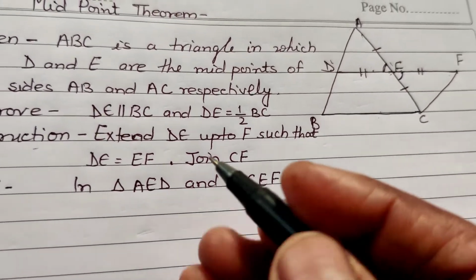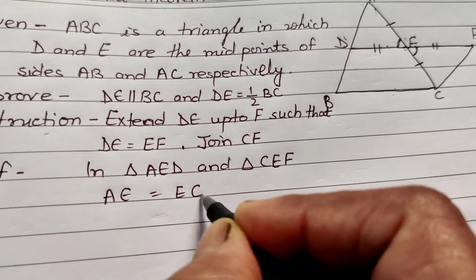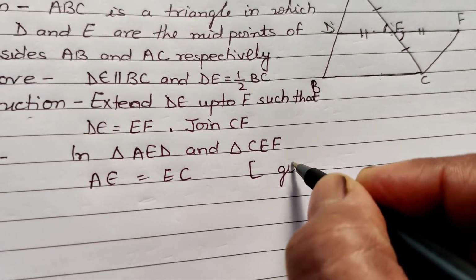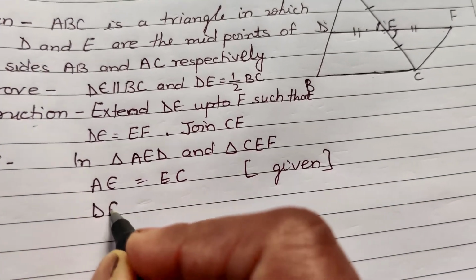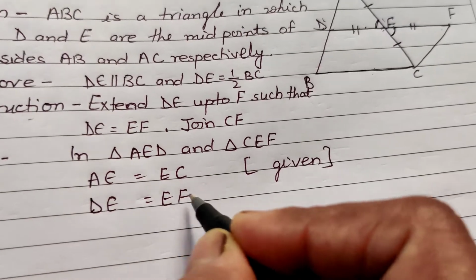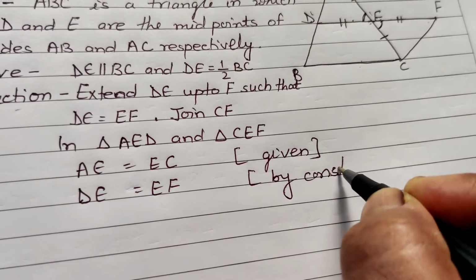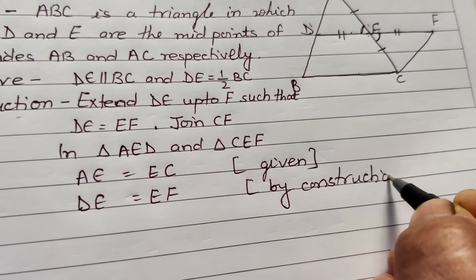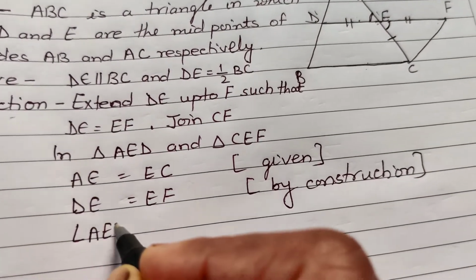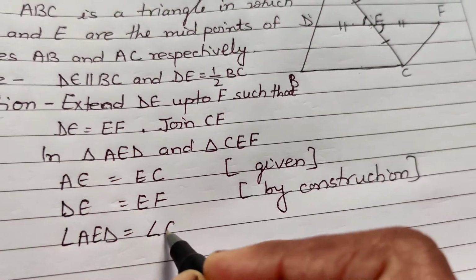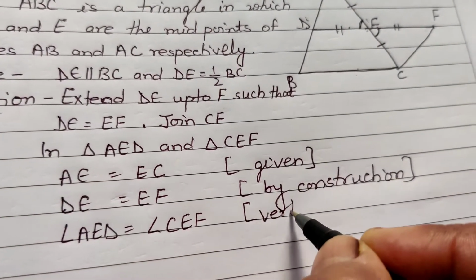Okay, so first AE equal to EC, as E is the midpoint, and DE equal to EF by construction. And the third, angle AED equal to angle CEF, vertically opposite angles.